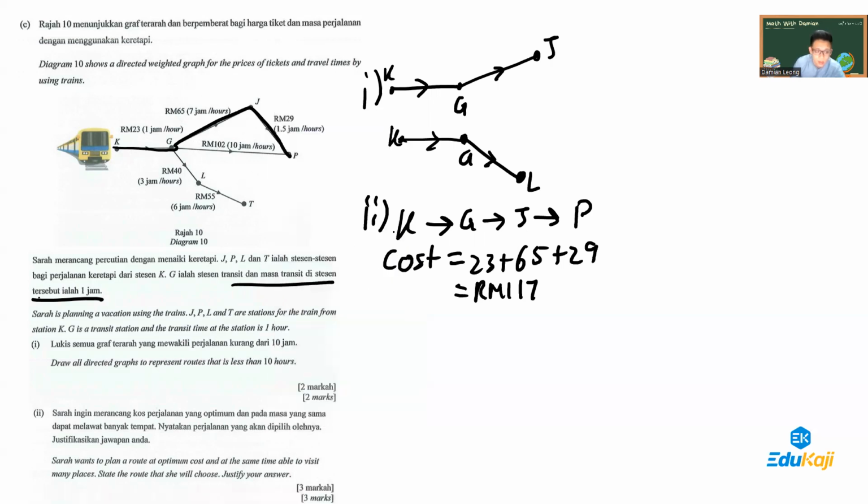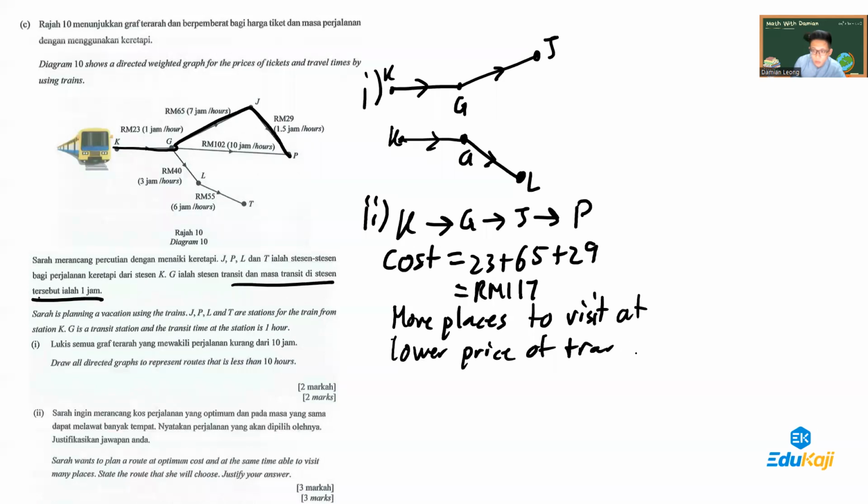So it has more places to visit at a lower price of travel. Yeah, basically that. Okay, anything reasonable would be okay.